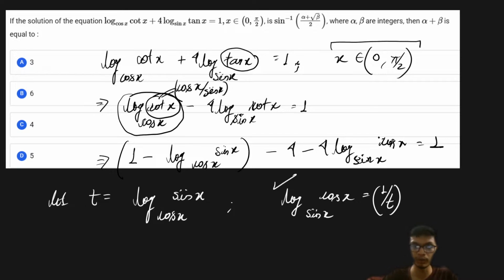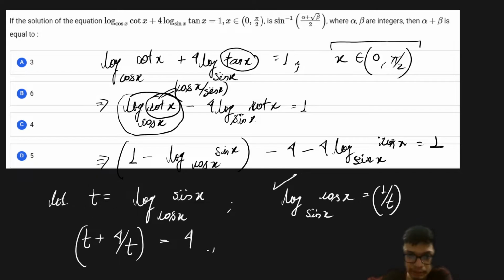And the advantage of doing this is that we will get a simple equation as t plus 4 upon t, taking this on the right hand side, will be simply equal to 4, right? Please let me know if this is clear or not. I hope I'm doing it correctly.